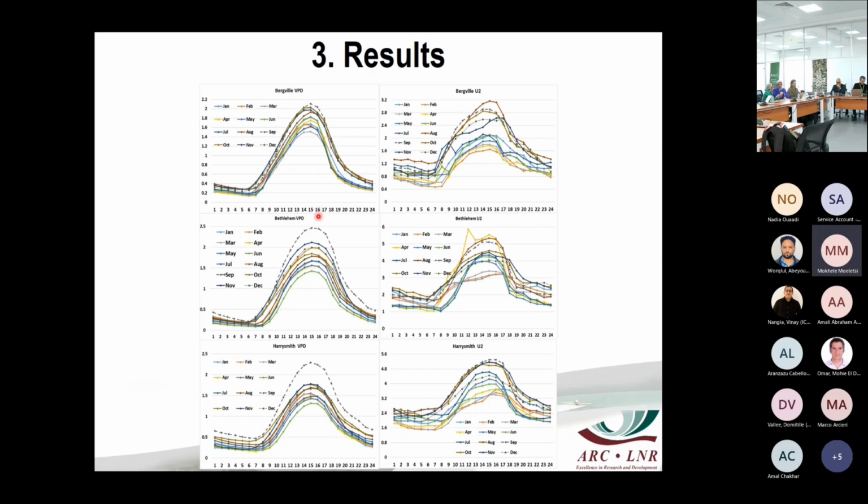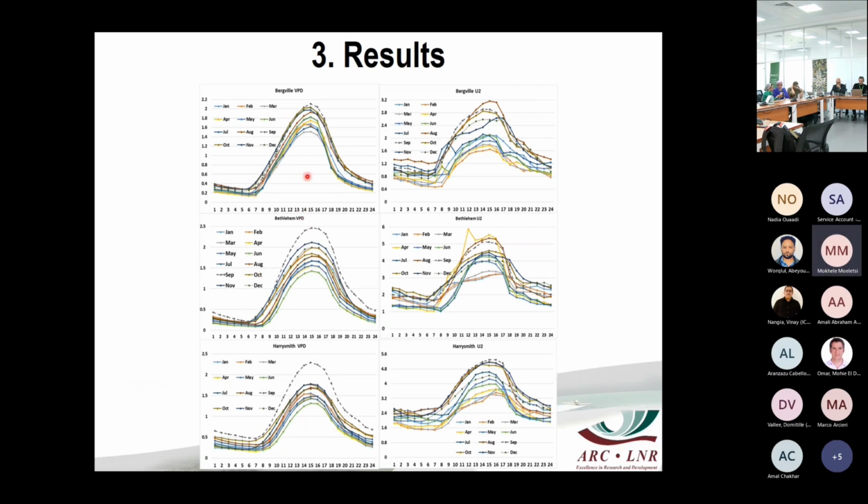Looking at the months, we have high vapor pressure during the August to November period. This is the same in terms of wind speed. The wind speed also peaks around 13:00 to 15:00, and the period of August to November has the highest wind speed. That probably translates to higher evapotranspiration during that period.